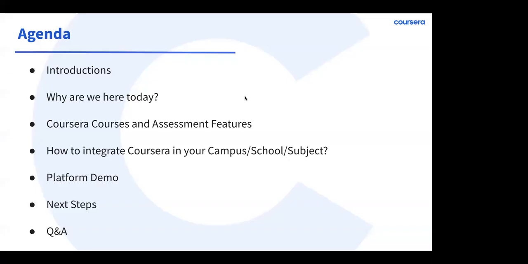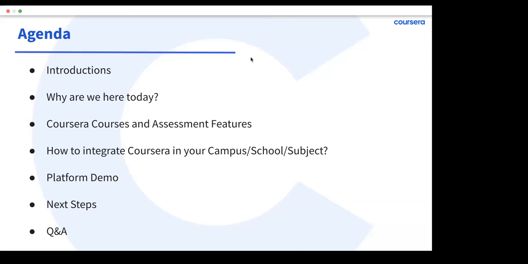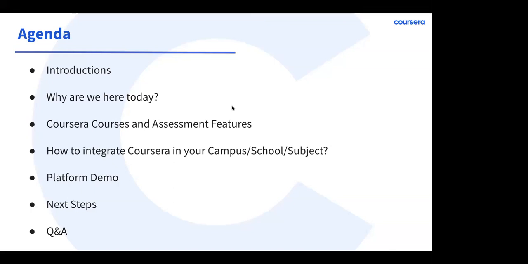And in terms of the agenda, this is what we thought about. Of course, we wanted to introduce ourselves to all the faculty members of PSU, then discuss why we are here today, and we have already set some of that context. Then we'll talk more about what are Coursera courses, what are some of the assessment features on the Coursera platform, and then how can you integrate Coursera in your campus with your particular subjects that you are teaching or within your department.